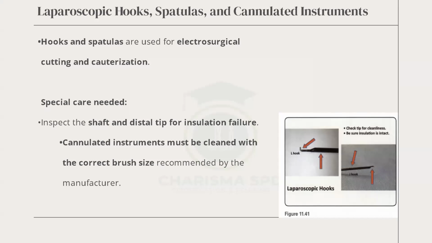If the person does not clean the tips, either the L hook or the spatula, there's a high possibility the person did not flush the channels. So you have to get a syringe with water or alcohol and then flush it. You will be surprised to see what is going to come out. Always remember to look for the L hook or the spatula.